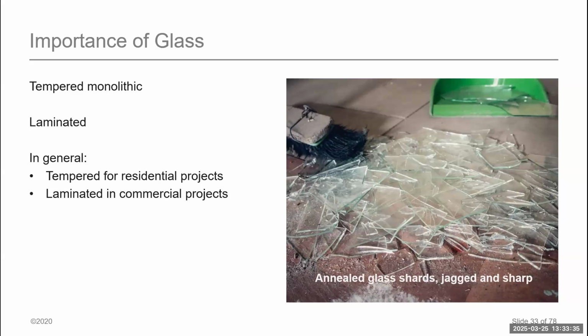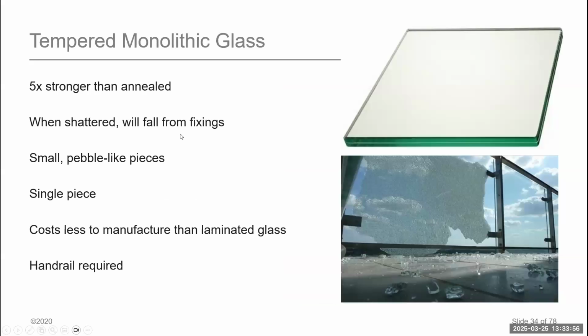Then the next process that we would do is we would take those tempered monolithic pieces, and we would laminate those together with an inner layer, and we would create tempered monolithic laminated glass, which is typically what we will see in the market for guardrails, commercially speaking.